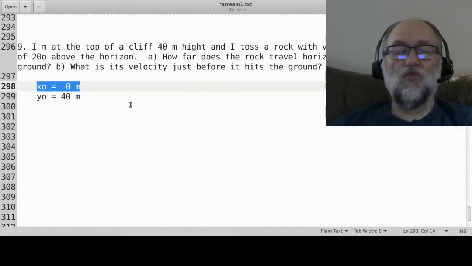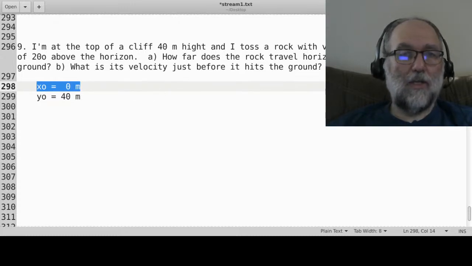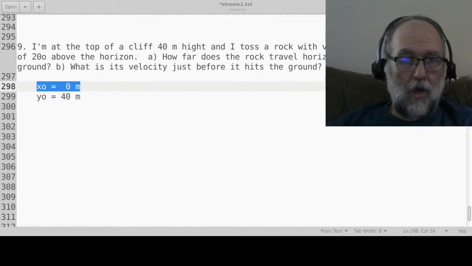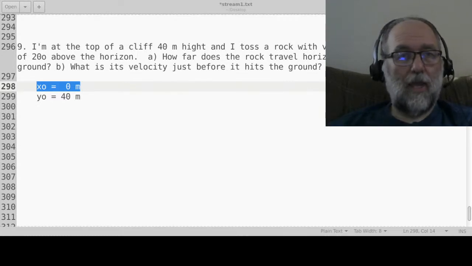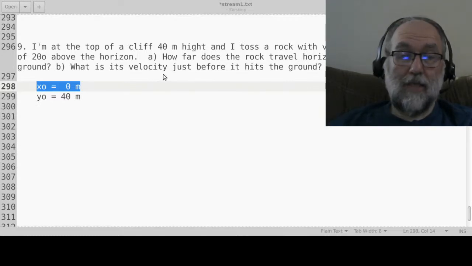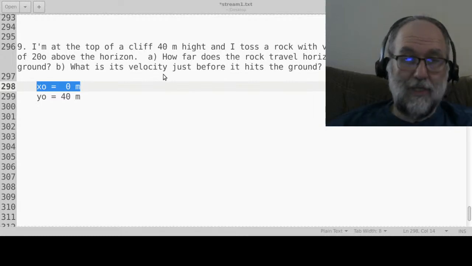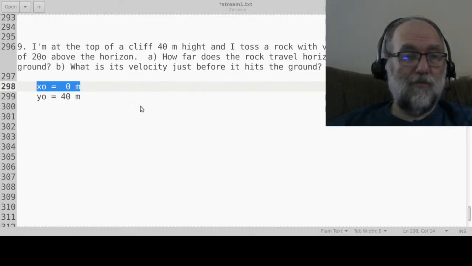Well, you're starting off directly above the origin. The rock is starting directly above the origin. So the x value, that is how far you have to move along the x-axis until you're directly underneath it, is 0 meters. But the y value is how high are you above ground level initially, and that's actually 40 meters.